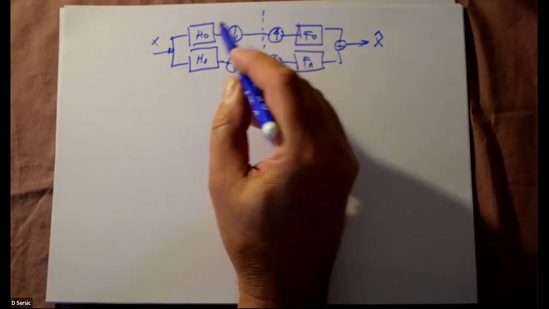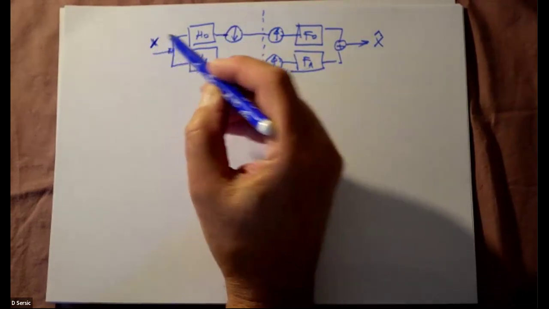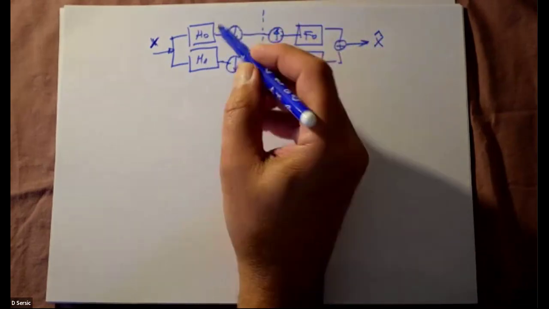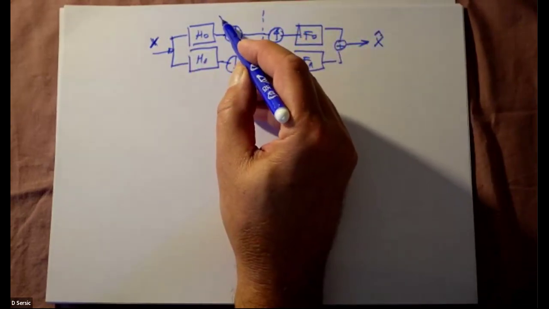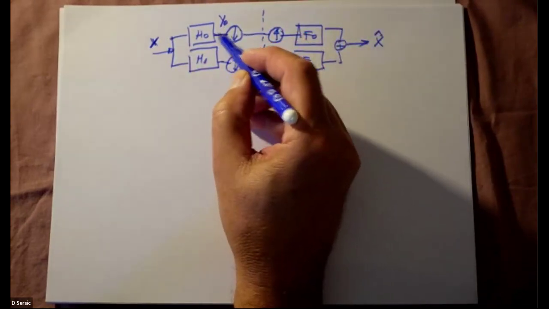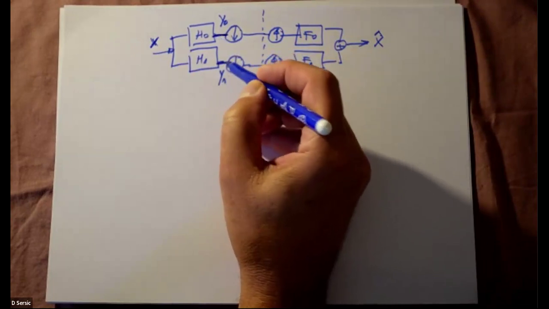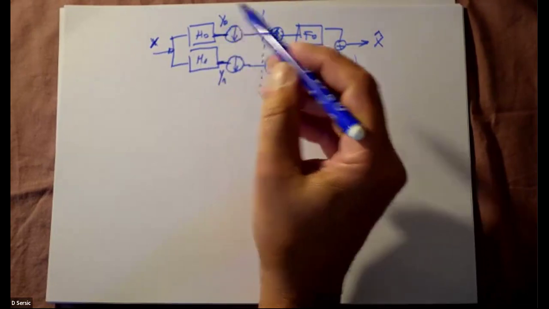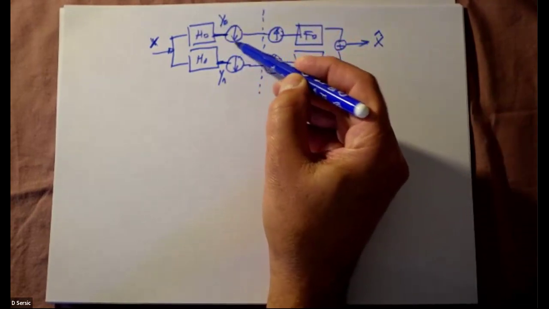This is denoted as X. When it goes through the filter H0, we have to use another letter. So I'm going to use Y0 for something that goes here, and Y1 for the output of the high pass filter. Then we apply the decimation.